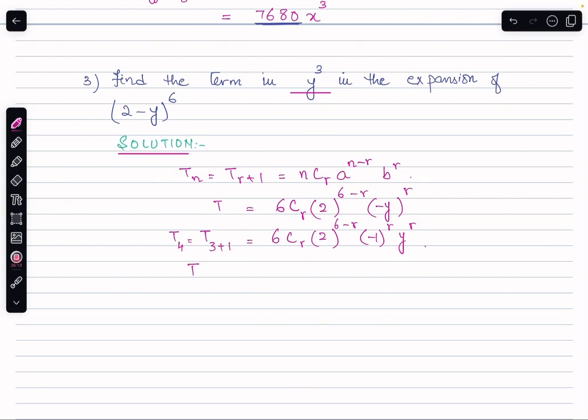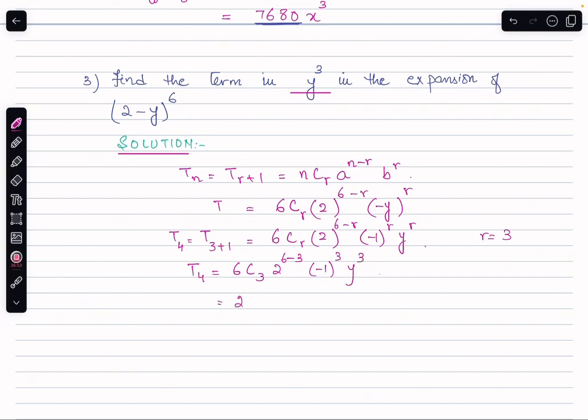It's the fourth term which shall be having y cube, and with r as 3, it's going to be 6C3 2 to the power 6 minus 3 and negative 1 to the power 3, and then y also to the power cube.